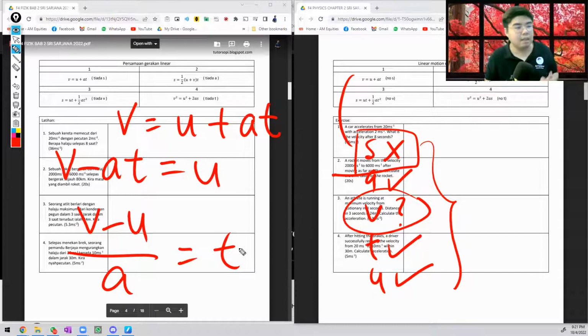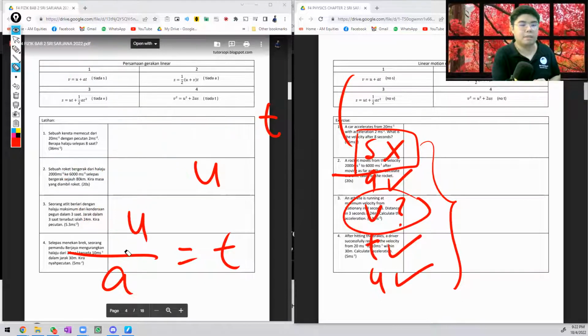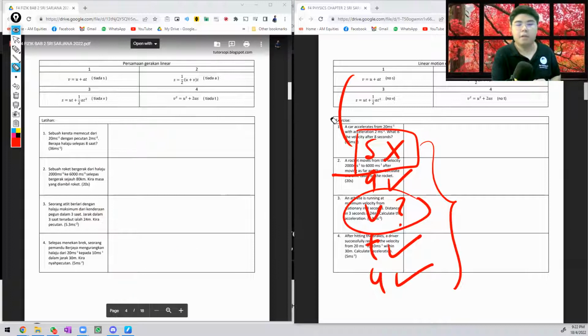It is expected that you know how to do linear equations with the formula. All right. So it's not just find V, bukan only find V. It could be find U, it could be find A, it could be find T. Berdasarkan apa yang hilang dari soalan. What is missing in the question you're going to find. All right. So that is done.